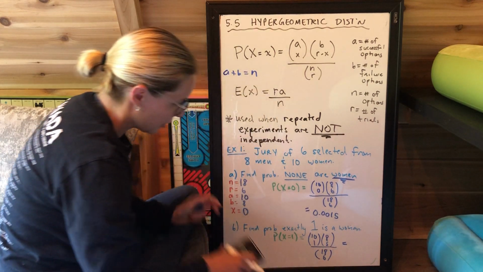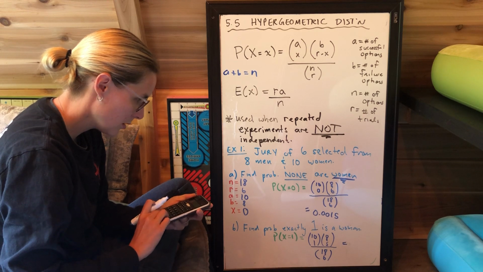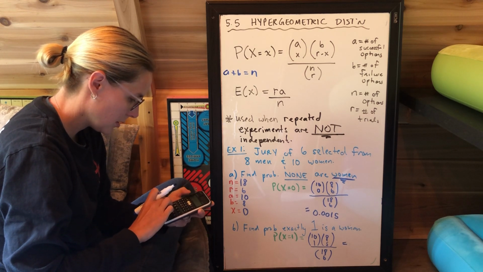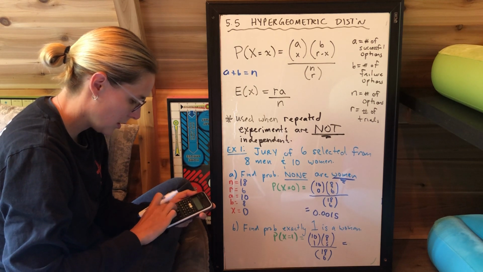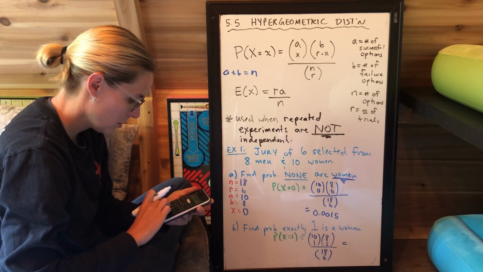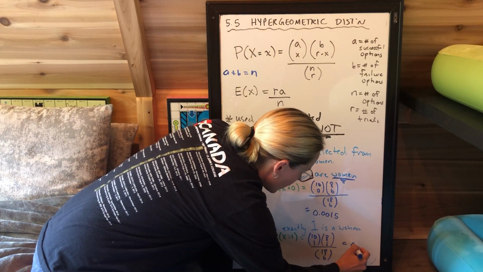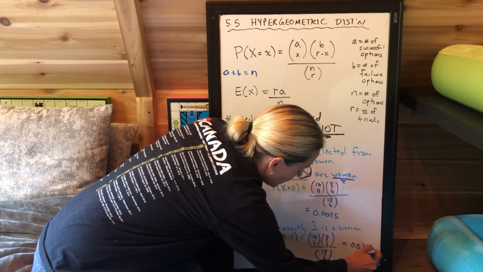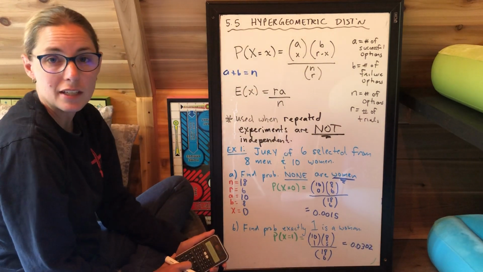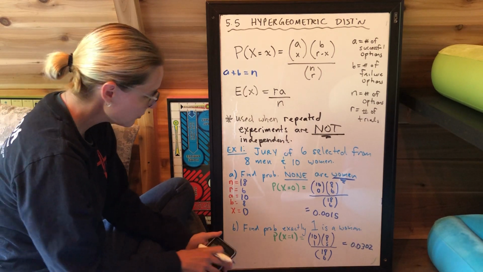When I actually calculate this, 10 choose 1 times 8 choose 5 divided by 18 choose 6, I get 0.0302. So now you have a 3% chance of getting exactly 1 woman. Also unlikely, but it could possibly happen.